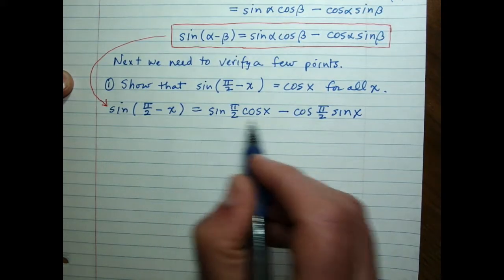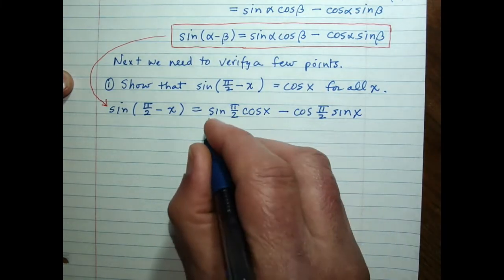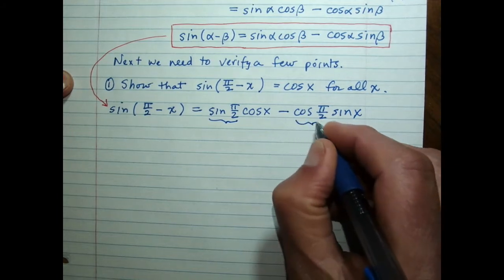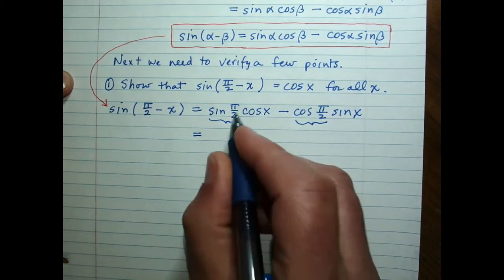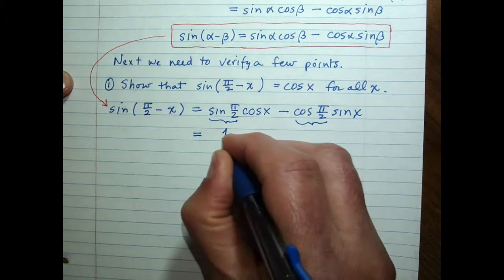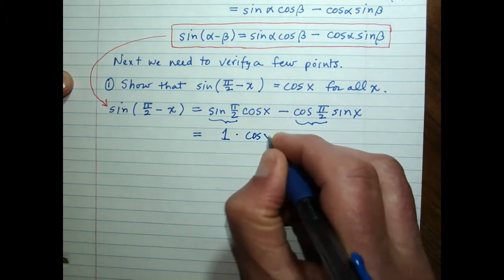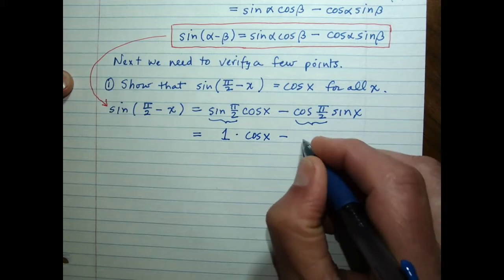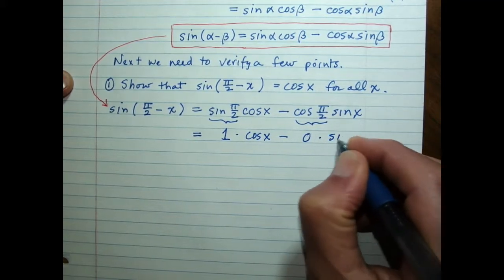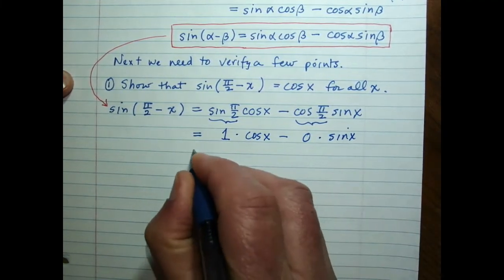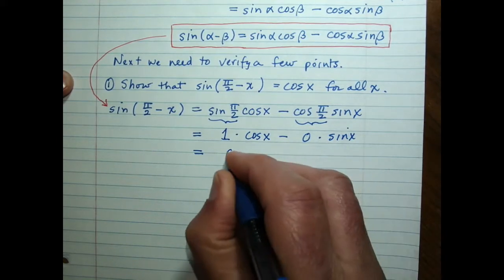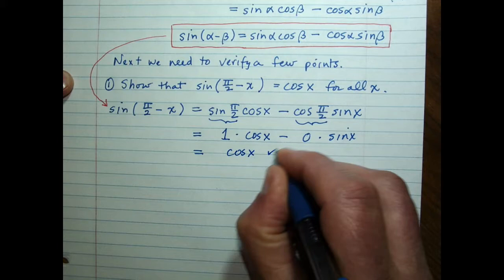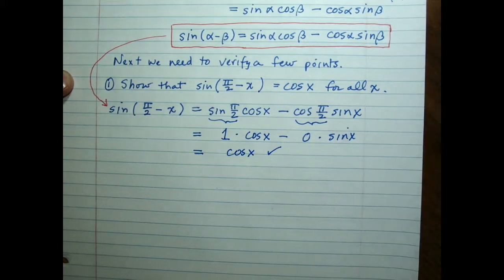And now, because I have sine pi over 2 and cosine pi over 2 separate, I can actually evaluate them, because sine pi over 2 we know is 1 times cosine x, minus cosine pi over 2 is 0 times sine x. So all I have here is equal to cosine x minus 0, or cosine x, and we just showed what we wanted to show in number 1.